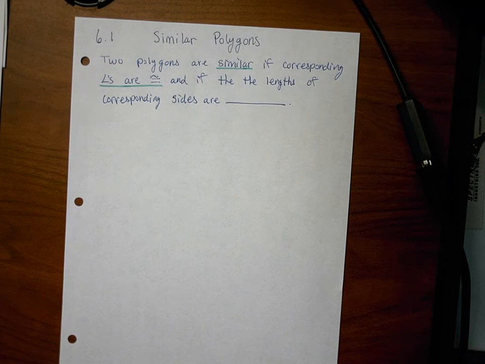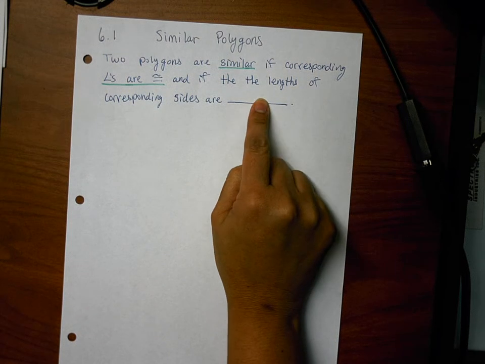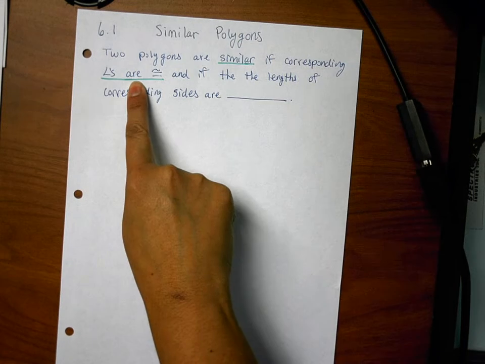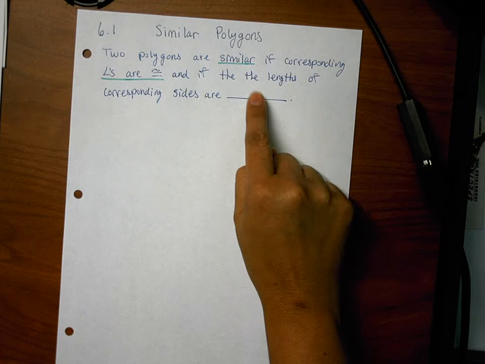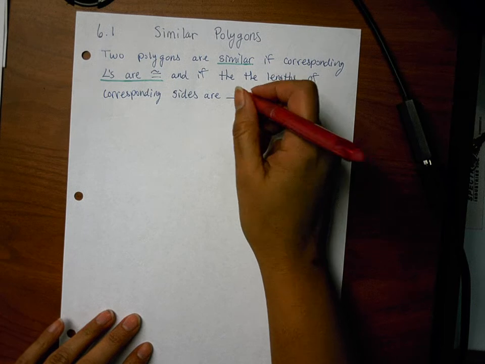And if the lengths of corresponding sides are blank. Now, if I put the word congruent here, then it means the polygons are congruent. If corresponding angles are congruent and corresponding sides are congruent, then polygons are congruent. So I'm not going to put the word congruent there. I'm going to put in proportional.